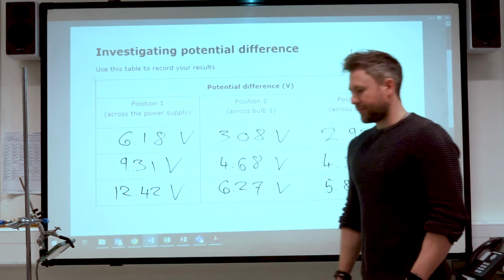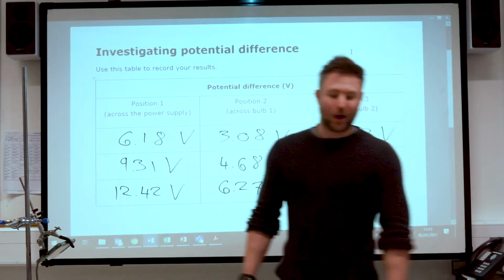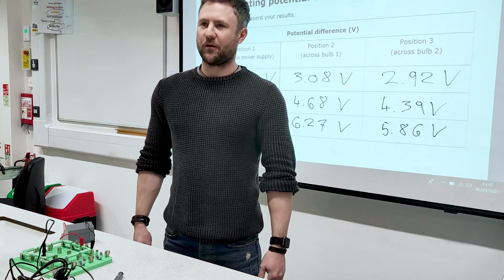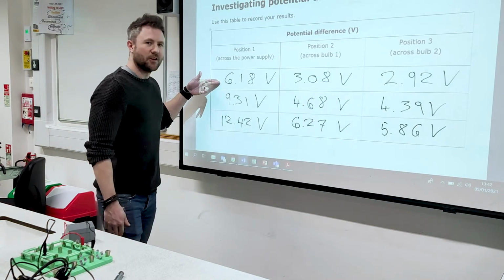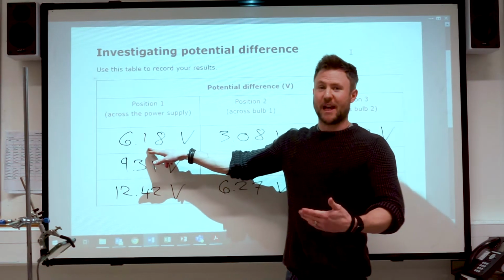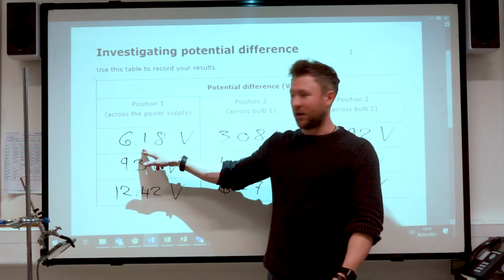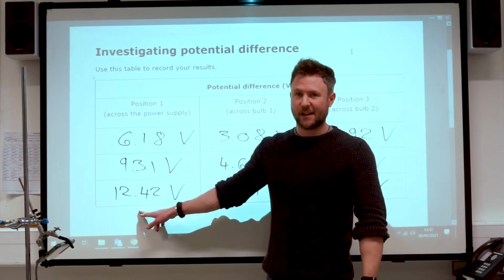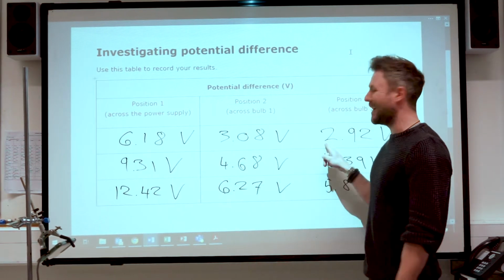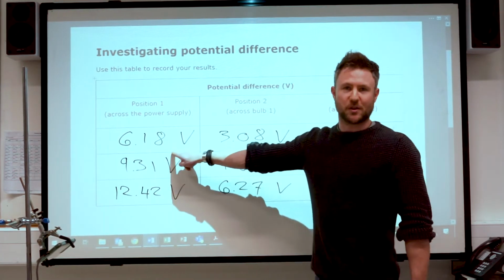So, that completes our practical, and I think we can make a pretty confident conclusion here. Generally speaking, I was aiming for the power supply to supply 6 volts, 9 volts and 12 volts. If we compare the numbers we got for each component, you'll see that they are divided between the total supplied.